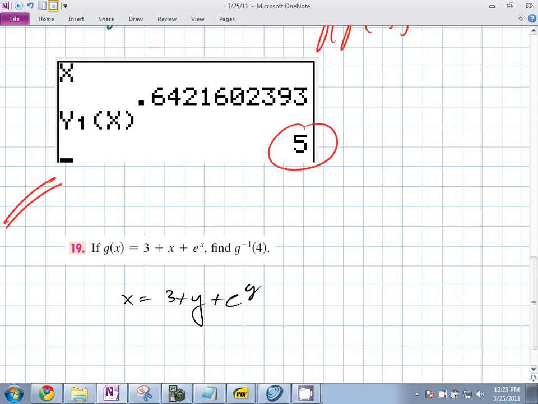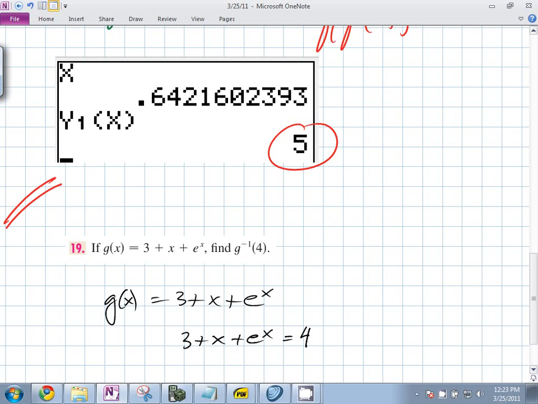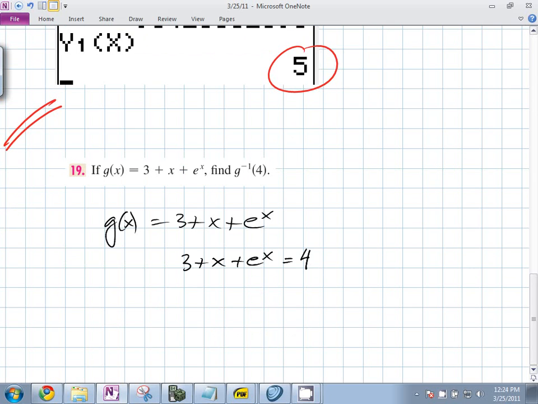But what do we have to answer here? If this is the function, y equals 3 plus x plus e to the x. If we want to find g inverse of negative 4, what do we have to solve? 3 plus x plus e to the x equals 4. You solve it, you want to know when it equals 4.